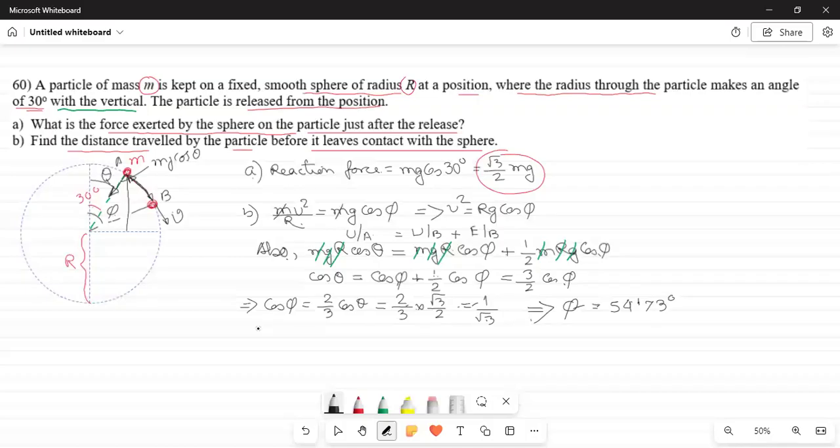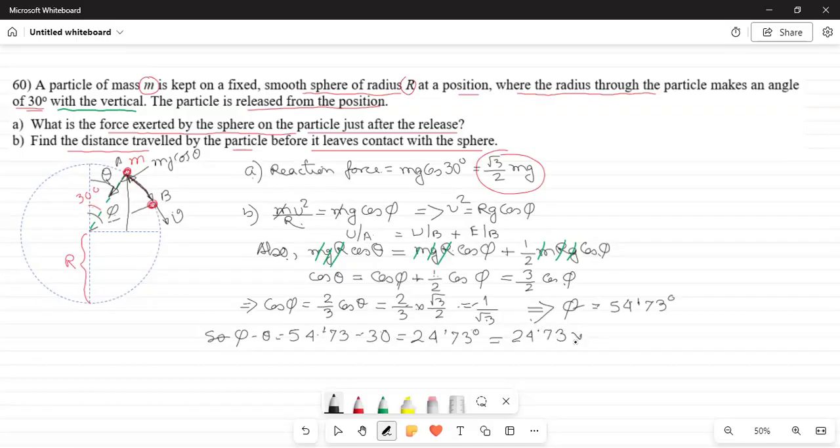Now theta was 30 degrees. So phi minus theta is equal to 54.73 minus 30, which is 24.73 degrees.